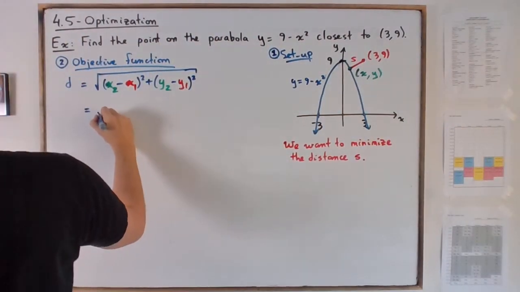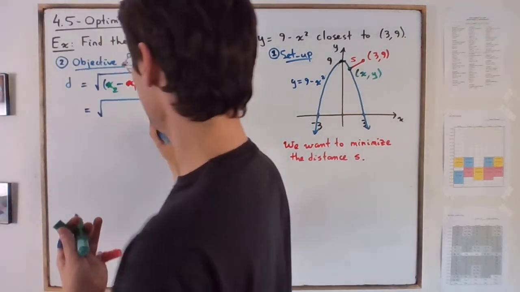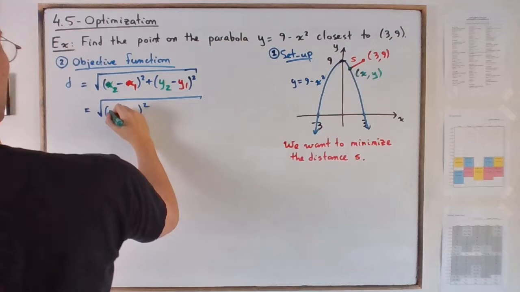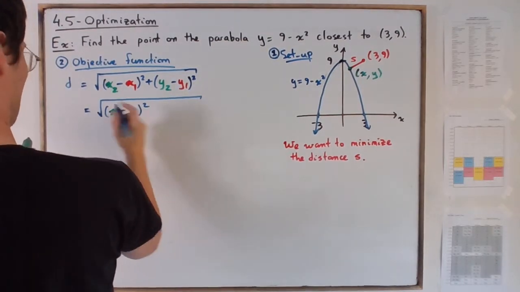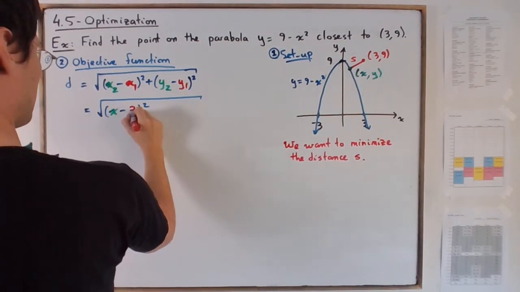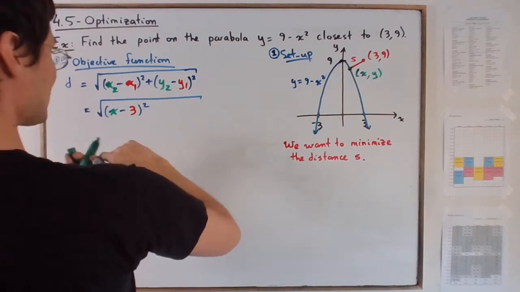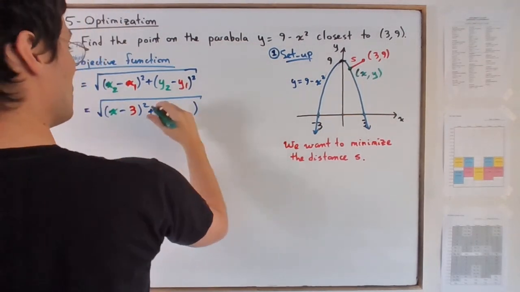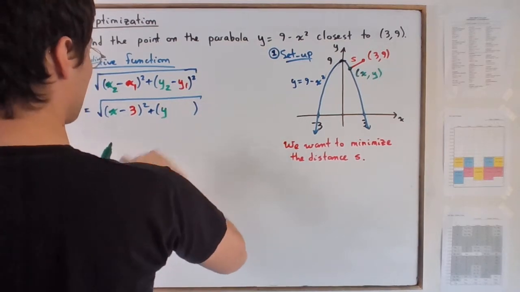So what we have here is (x minus 3) squared plus (y minus 9) squared.